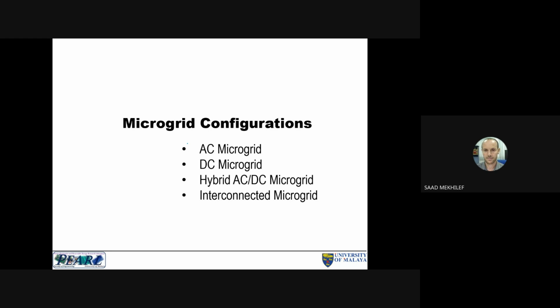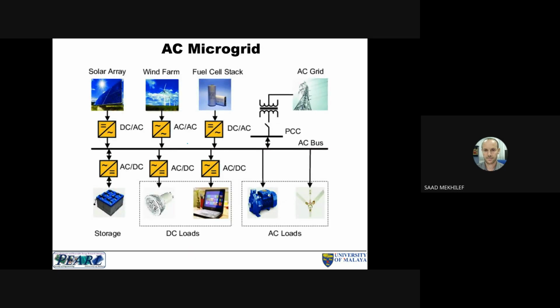Okay, so let's start with the AC microgrid. The first one is a typical AC bus system. You can see here we have a DC/AC bus system, and then we have the PCC, the point of common coupling, which is connected to the grid. Once you have a grid, there is a strong reason for you to have an AC microgrid.